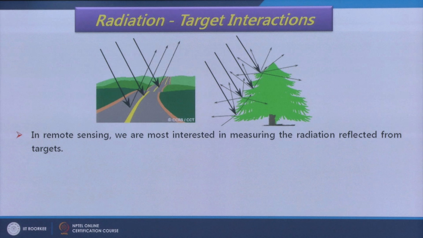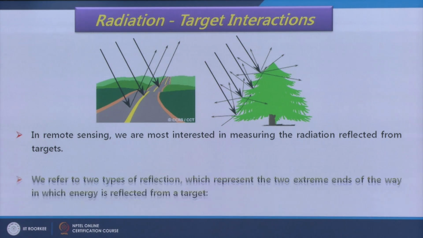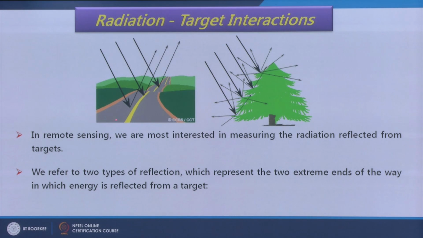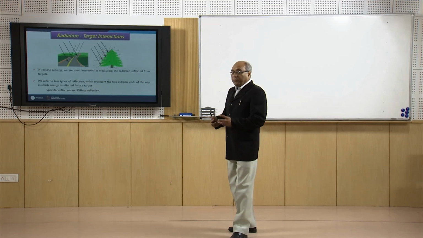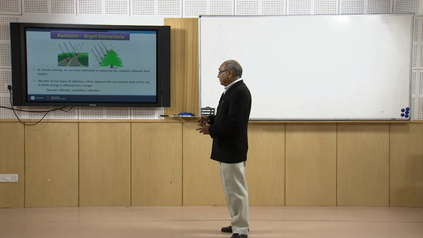Now, in this interaction there might be two ways of reflection. There might be reflection by man-made surfaces or some natural surfaces, which we call specular reflection, and there might be diffuse reflection, which may be because of vegetation, bare soil, rocks and other things. These will affect the signatures or their presence in the satellite images at different bands.